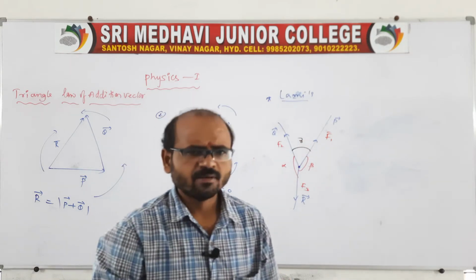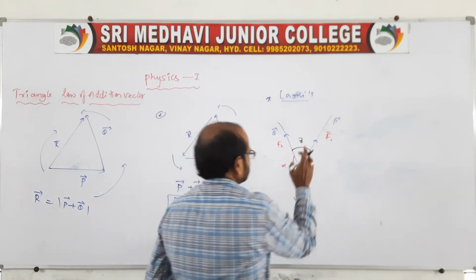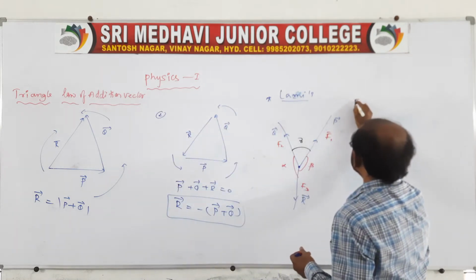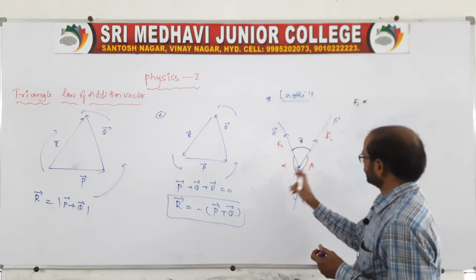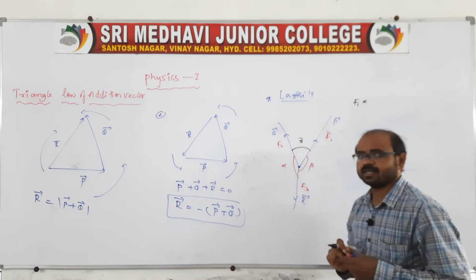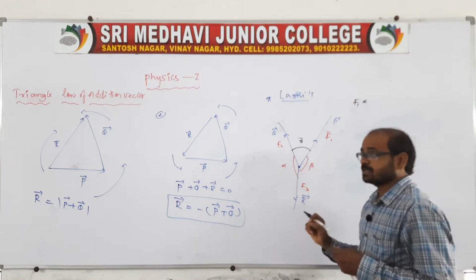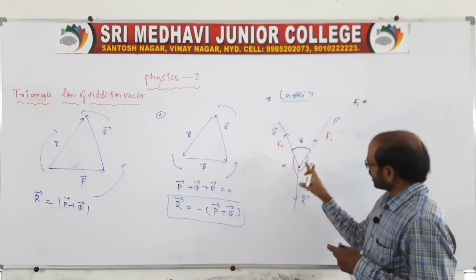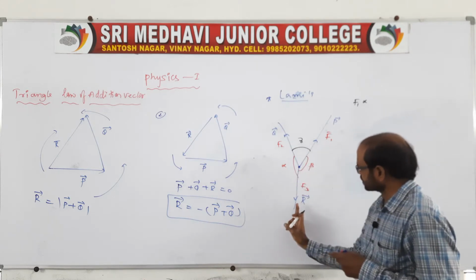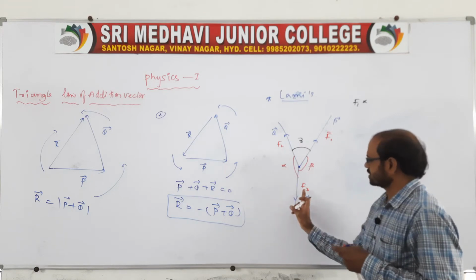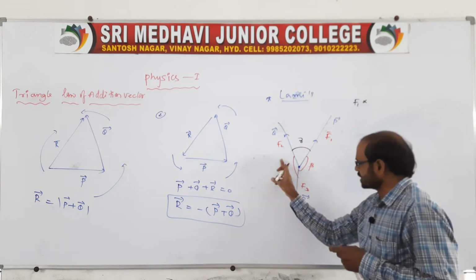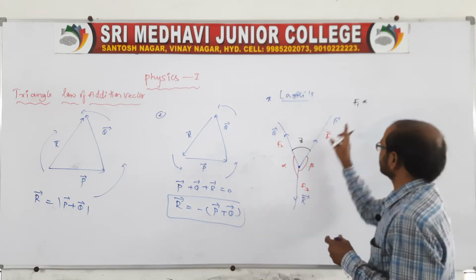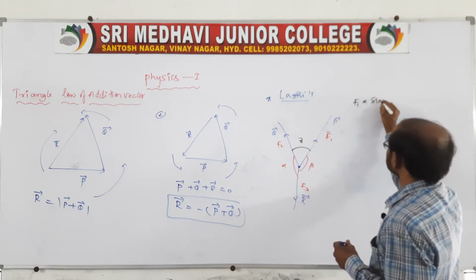Very simple. Lami's theorem says F1 is directly proportional to the sine of the angle between the two opposite forces. Opposite to F1, there are two forces, F2 and F3, and the angle between them is alpha. So F1 is directly proportional to the sine of the angle between the opposite two forces.